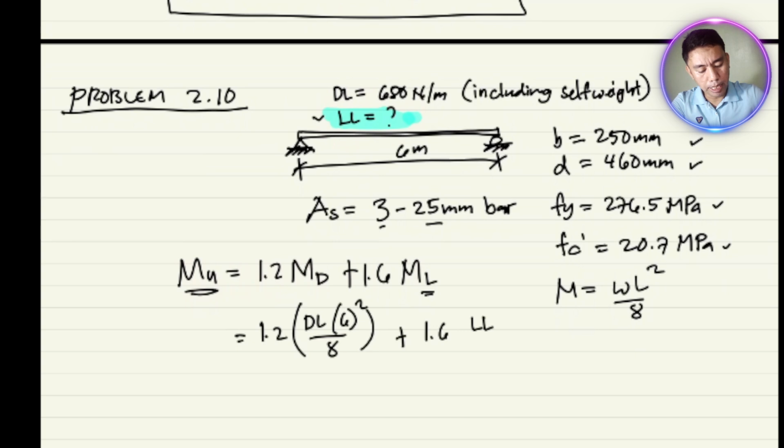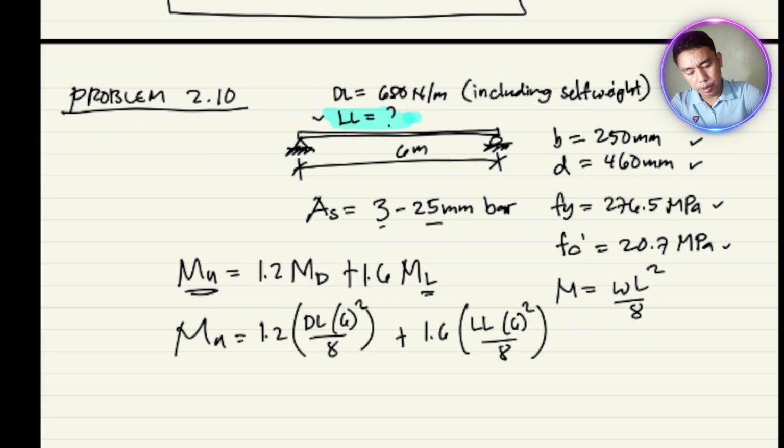Let's say LL, live load, distributed live load siya, times 6 squared over 8. Okay? Ito ang hinahanap, live load.